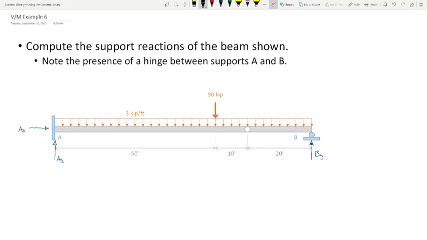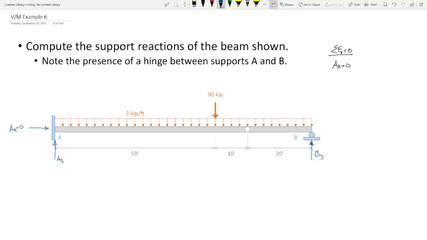Because if I sum forces in the x direction, this is just going to tell us that AX equals 0. So this one's sort of a freebie. So we'll say AX is 0.